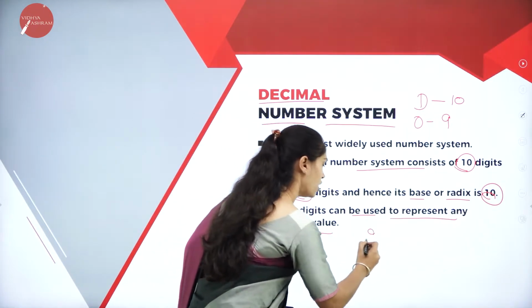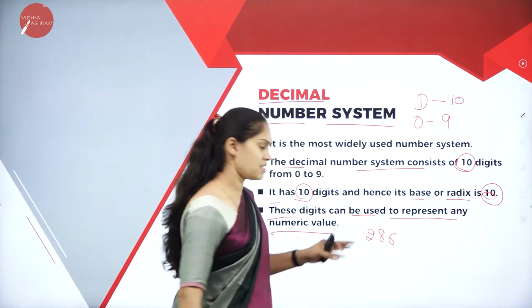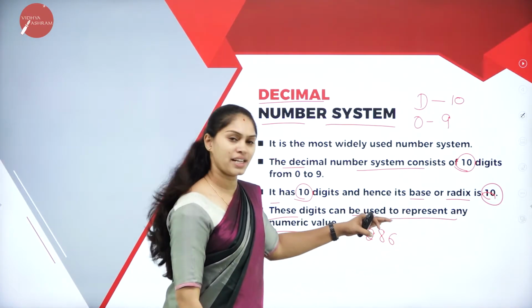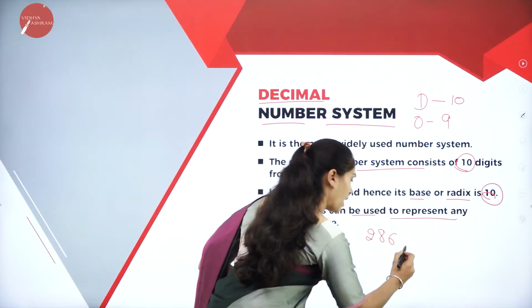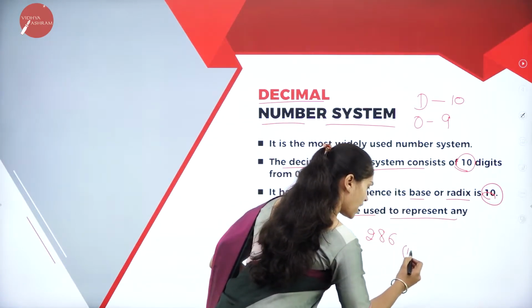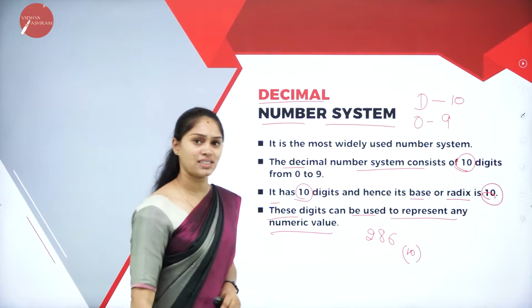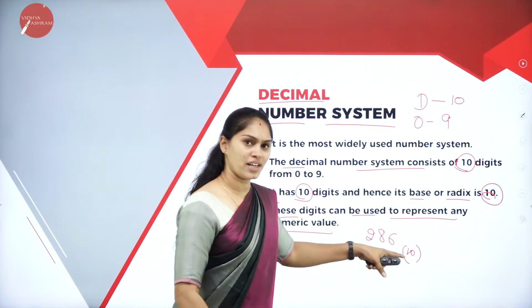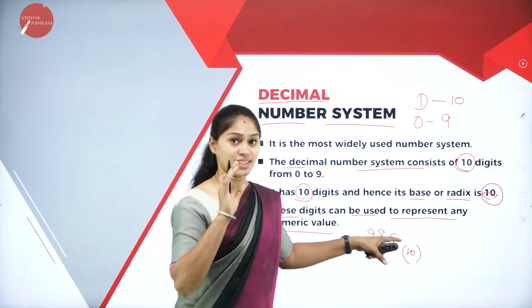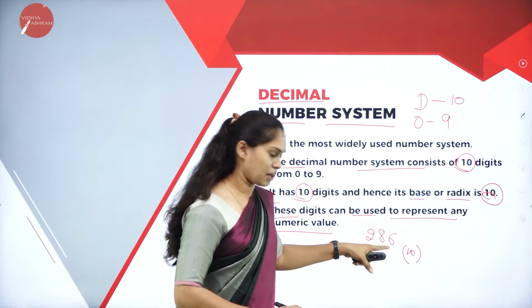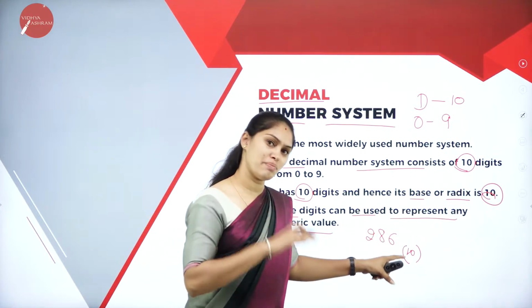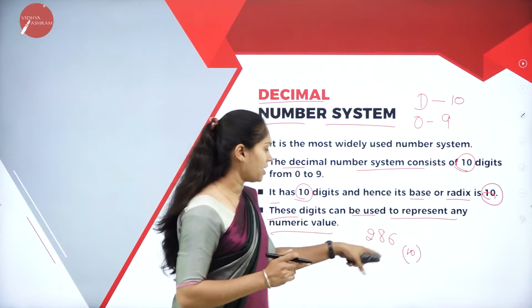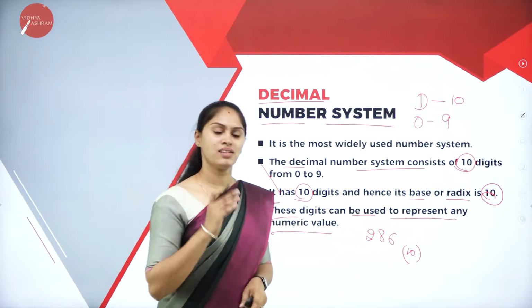For example, 286. This is one number, and I am going to give the base or radix as 10. What does it mean? 286 is just a number, but if I represent this 286 with its base or radix as 10, then it belongs to the decimal number system.